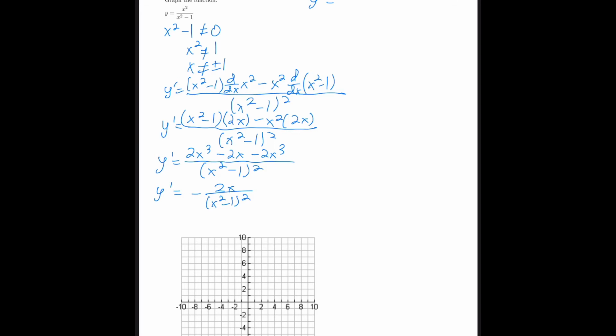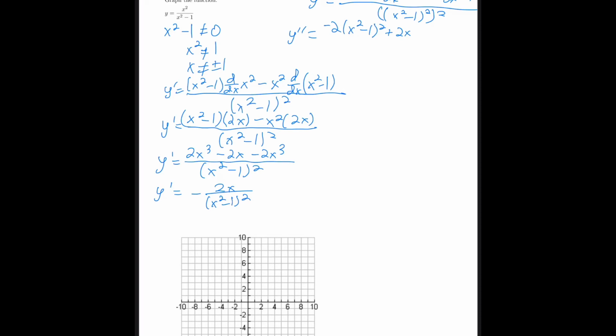So there's y prime, and then we can do the same idea to get y double prime, which I'll come up here to the top. So y double prime equals the bottom times the derivative of the top, which I'm going to call negative 2x, minus the top times the derivative of the bottom, all over the bottom squared.